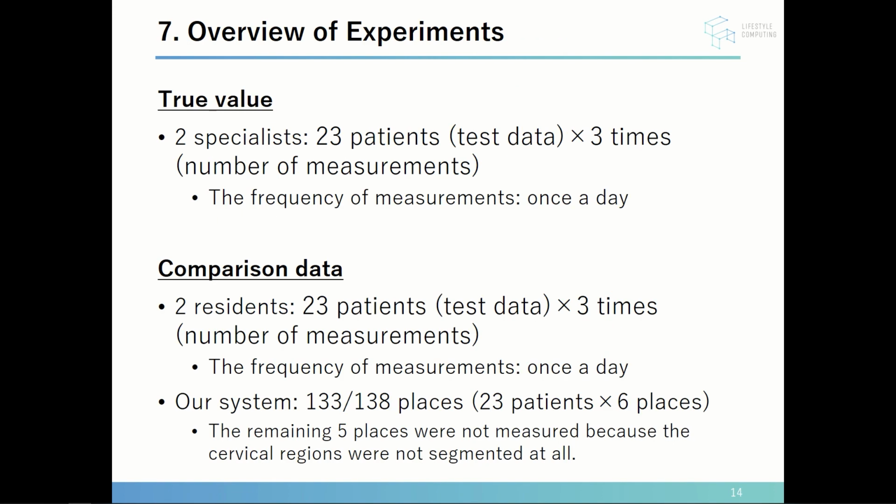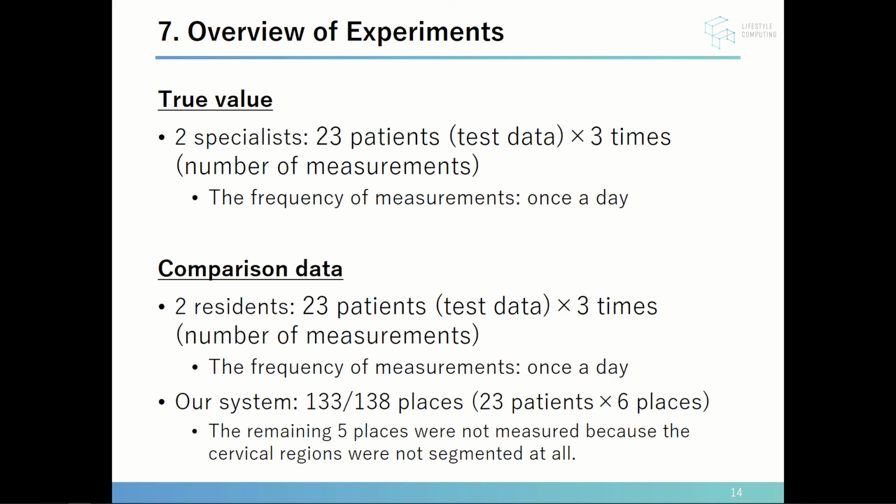The measurement accuracy of the automatic measurement method was evaluated by comparing the average error between the true value and the automatic measurement value, and between the true value and the reference measurement value, using the specialist measurement as the true value. The true value is the average of the 3 measurements taken by 2 medical specialists.